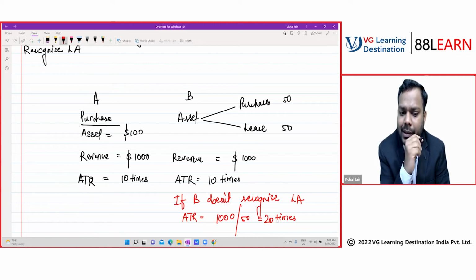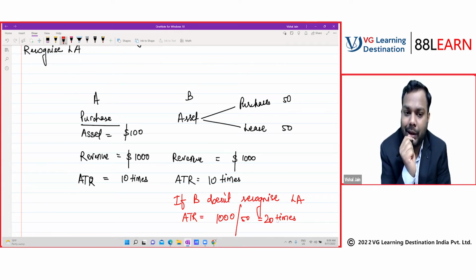Are you able to understand, guys? The disclosure of ratios plays a crucial role in the disclosures of financial reporting. Earlier it was not the case in India, but now it is.